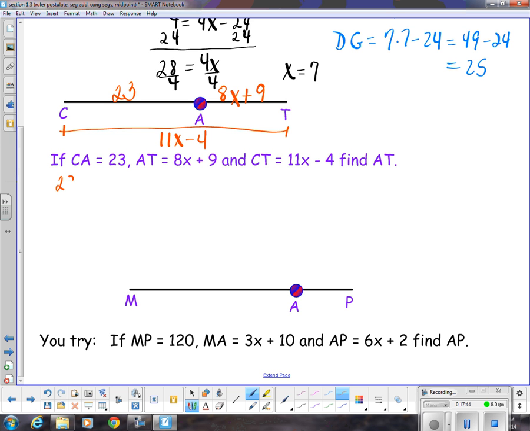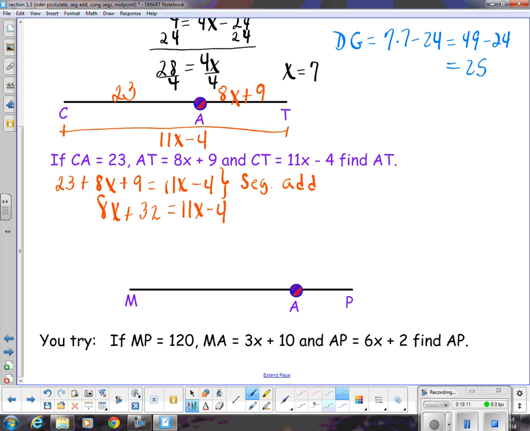So we're going to say part plus part is equal to the whole, which is 11x minus 4. What justifies this step? Segment addition. So we're going to have 8x, and 23 and 9 are on the same side, so I've got 8x plus, that looks to me like 32, is equal to 11x minus 4.